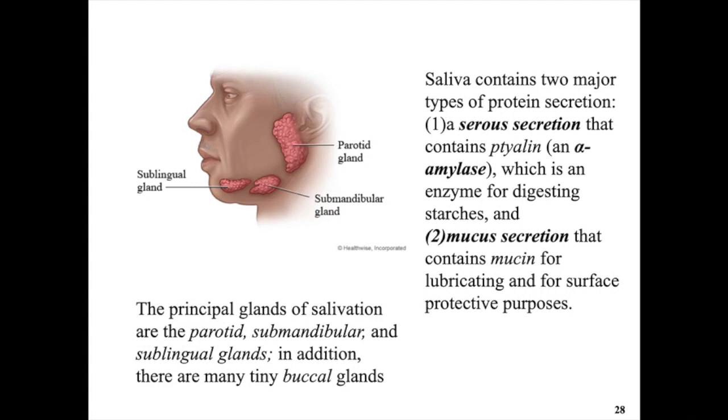The alpha amylase, which is the ptyalin, the P is silent, is an enzyme that will digest carbs, the starches. Remember, this may be a good class for you to remember. The exam is cumulative. It's for you to go over the biochemistry component.